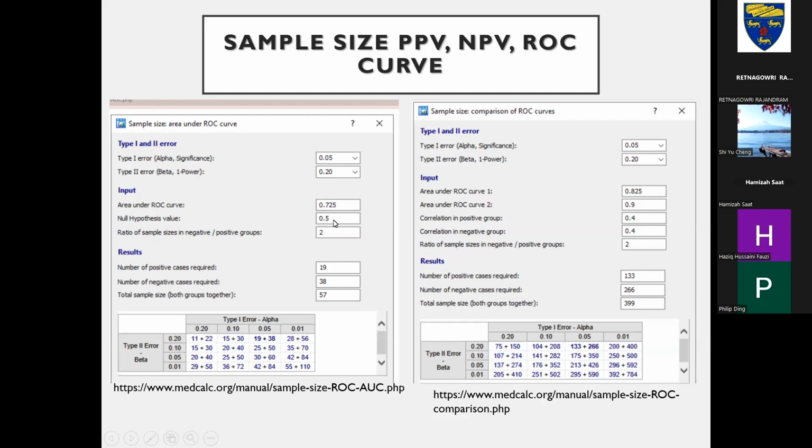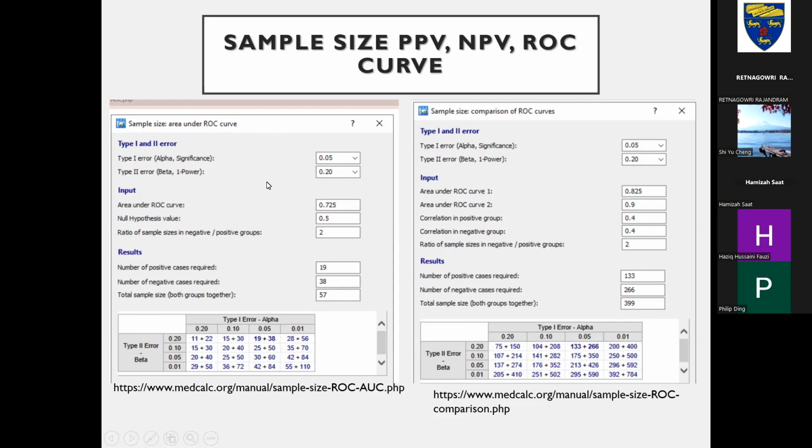Do you think it's 0.5? All of these are fixed already. Your ratio, like how many you're going to get in your negative, your pickup rates, is it 1, is it 2? Okay, but you can just fix it. This is all fixed, and it will pop up a number, what sample you need, how many cases you need, and what the total sample needed is. So in this case, it's saying 57 based on the numbers which are keyed in here. And this is just for one test.